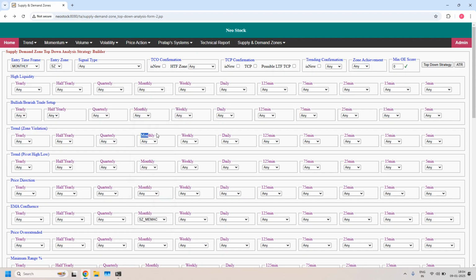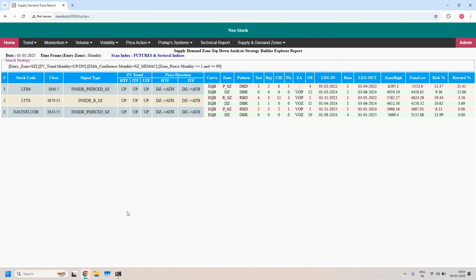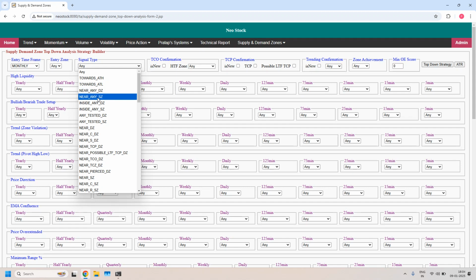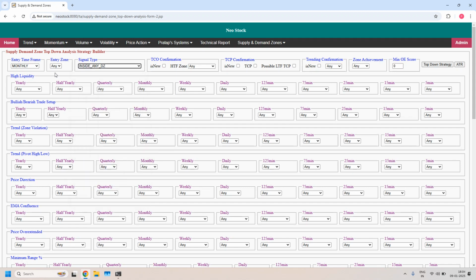Trend on the monthly time frame during EMA confluence should not be sideways, so I am selecting up or down. So 3 pierced zones are having monthly EMA confluence. Okay, next monthly time frame. Price closed inside the monthly demand zone, and these monthly demand zones.